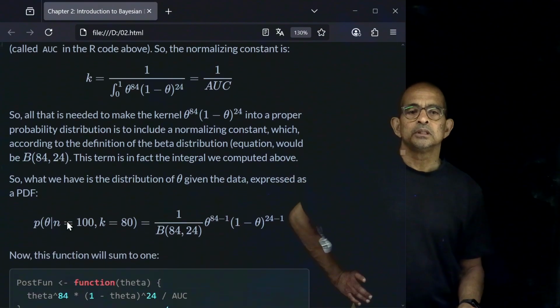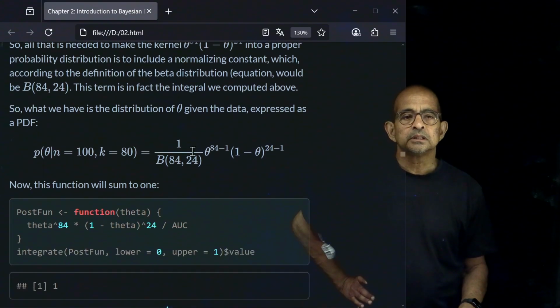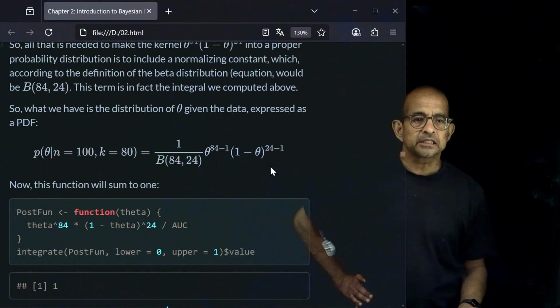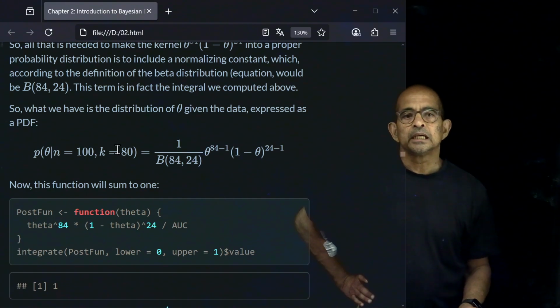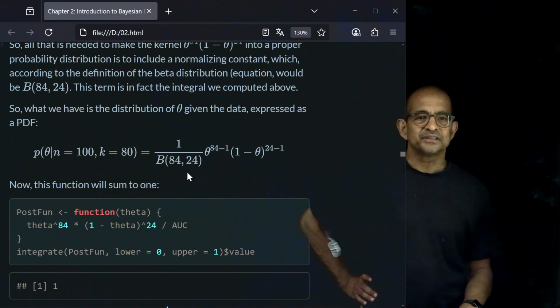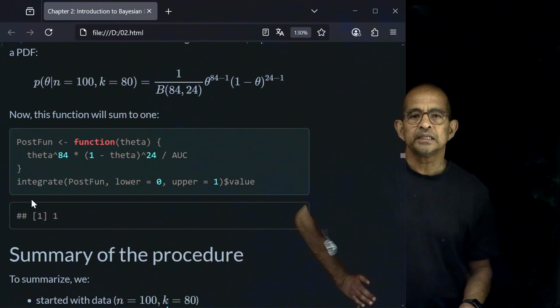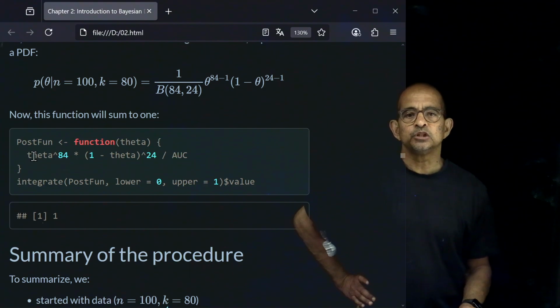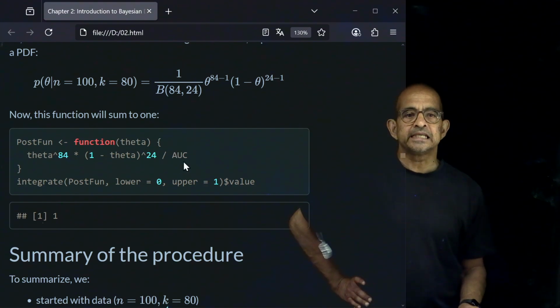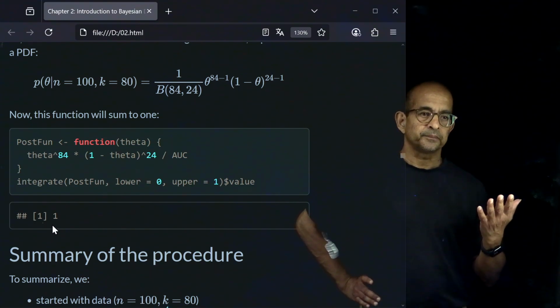Here's my kernel of the posterior, and this term here is the area under the curve I just computed. So now I'm defining a new function that contains a normalizing constant, and if I compute the area under the curve now, I get an area equal to 1.